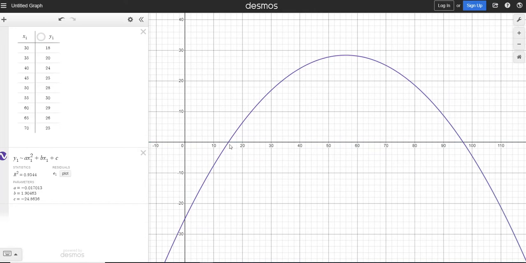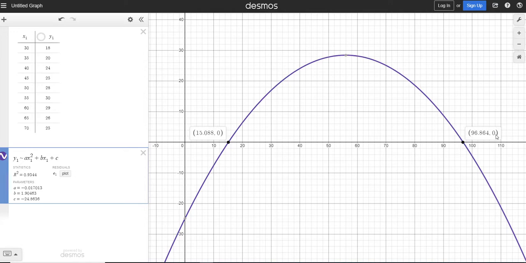The zeros, the x-intercepts, right, would be, let's see, for me it's not really x, it's v. So v equals 15.1 about, and v equals 96.9. And when that happens, notice the m values are the zeros.